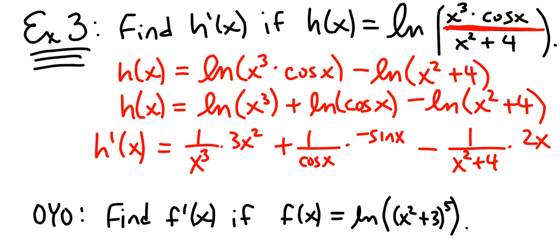There is one other thing we should consider before we show up in class together. What happens if you're taking the derivative of a log and the base is different? Like the base isn't e. What do you do if the base isn't e?